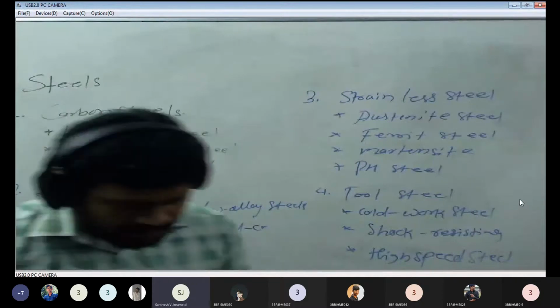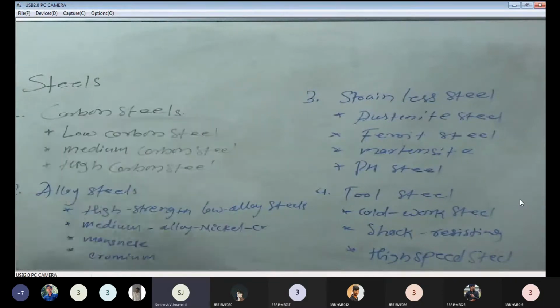In the last class, we discussed the phase diagrams and the terminology under them. As I told in the previous class, we will discuss some commercial types of steels which are available right now for our industrial applications.